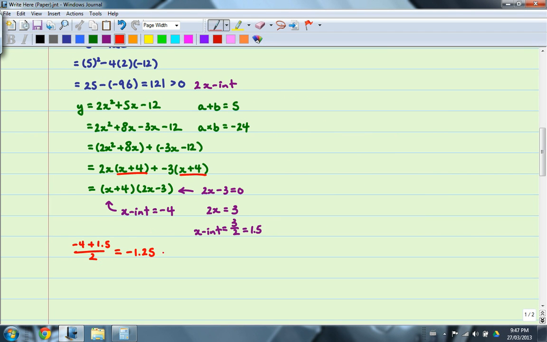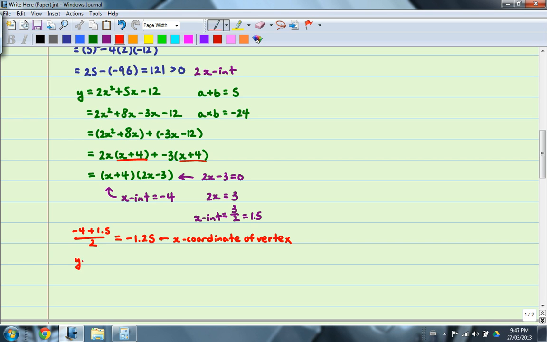So the significance of this number right here is that it is the x-coordinate of the vertex. Okay. So in order to find out what the y-coordinate is, we're going to substitute this number back into the equation itself. And so let's see what we have here.